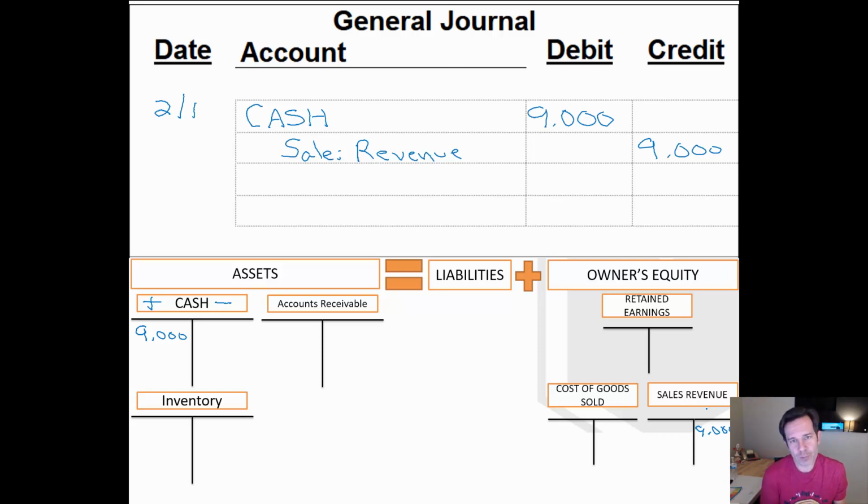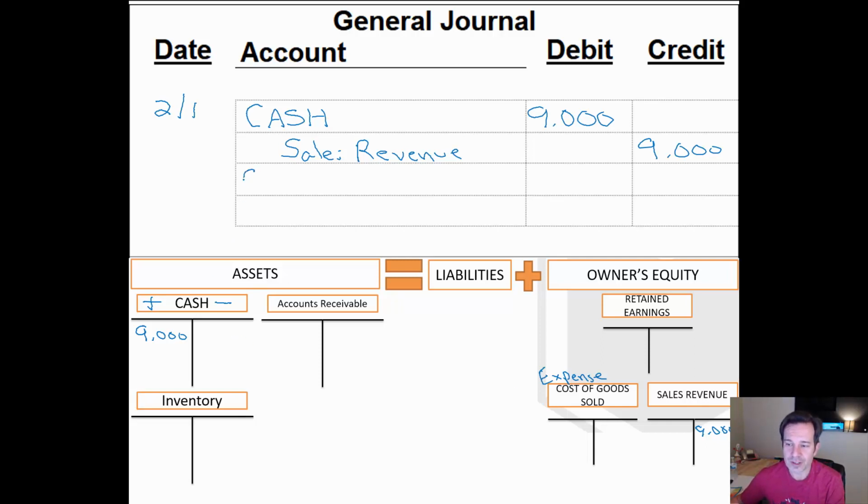Now I have to record the part of the transaction where my inventory goes away. I don't have that inventory anymore because the customer literally took it and walked out with it. So I've got to record the expense of what I paid and that inventory leaving. The expense of what I paid for that inventory that was sold is simply called cost of goods sold. That is an expense account. Even though it doesn't say it, you can think of it as cost of goods sold expense.